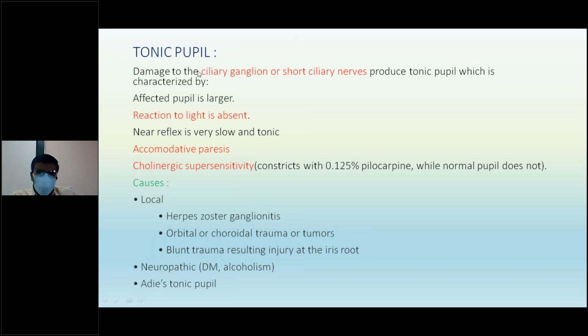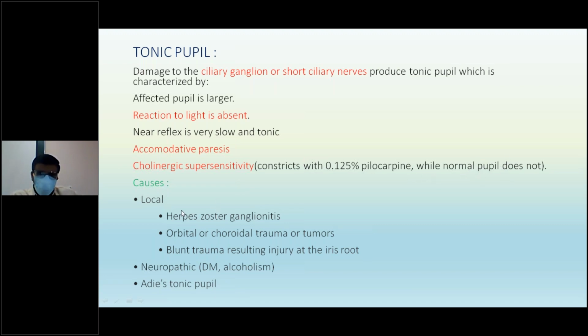Tonic pupil: damage to the ciliary ganglion or short ciliary nerve produces a tonic pupil, which is characterized by the affected pupil being larger, light reaction being absent, and near reflex being very slow and tonic. There is also paralysis of accommodation. There is cholinergic supersensitivity: it constricts with 0.125% pilocarpine, while the normal pupil does not constrict with this low concentration.